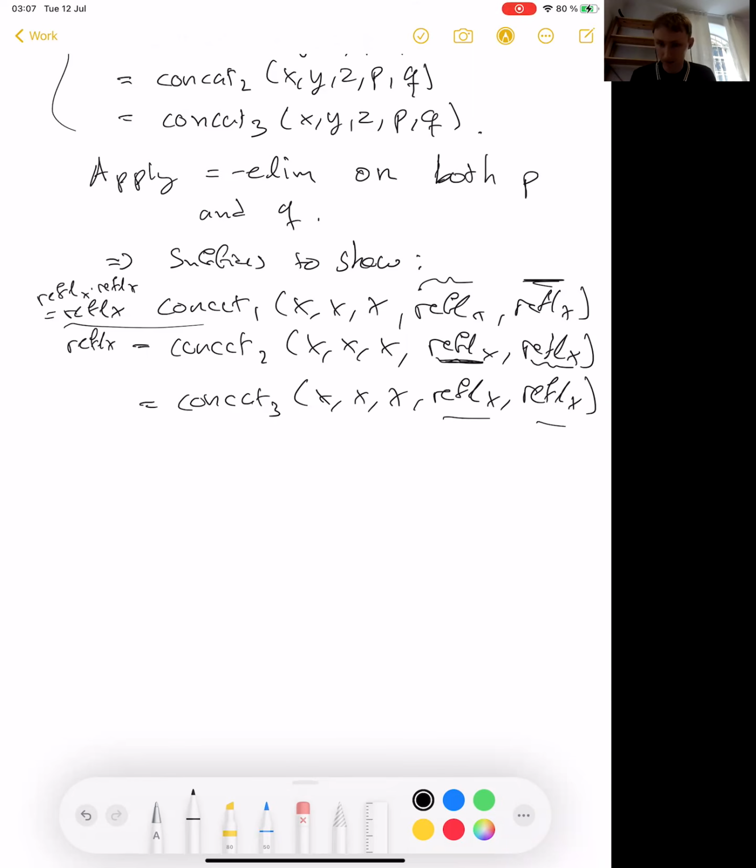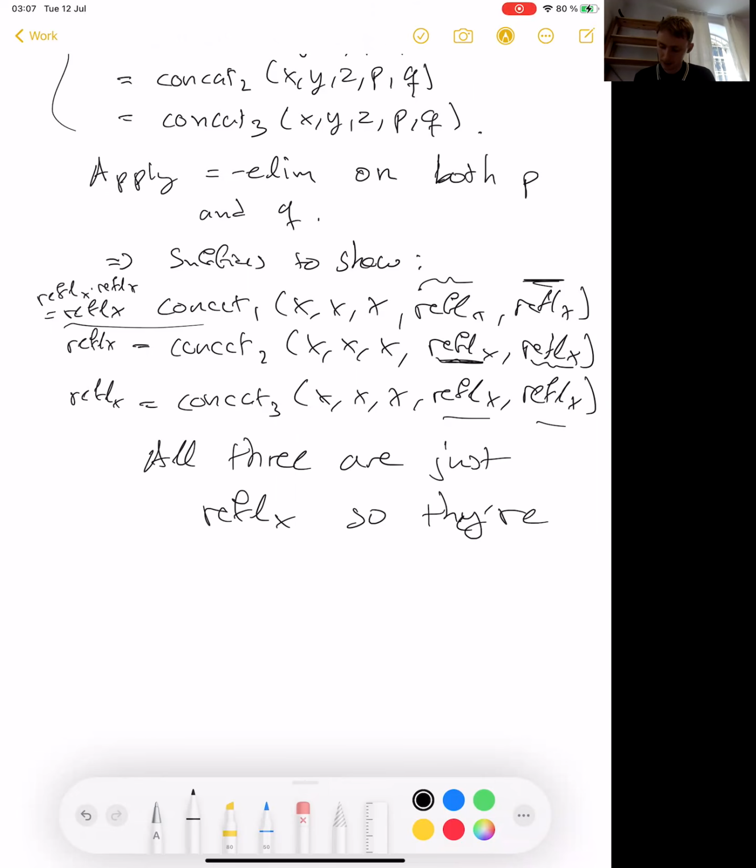Our definition was just refl. So this is also just refl. So all three paths are actually refl. All three are just refl. So they are equal. And that's it.